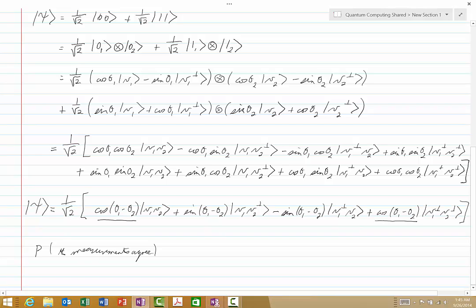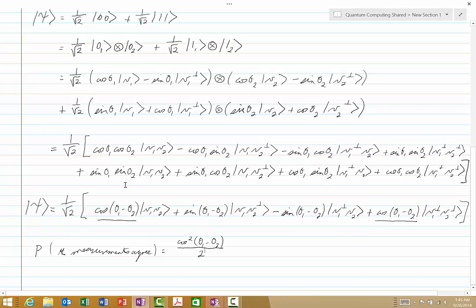But again, by measurements agree, that means that either both measurements yield the eigenvector associated with the +1 eigenvalue, or both yield the eigenvector associated with the -1 eigenvalue. And the probability of that will be cosine squared of theta 1 minus theta 2 over 2.